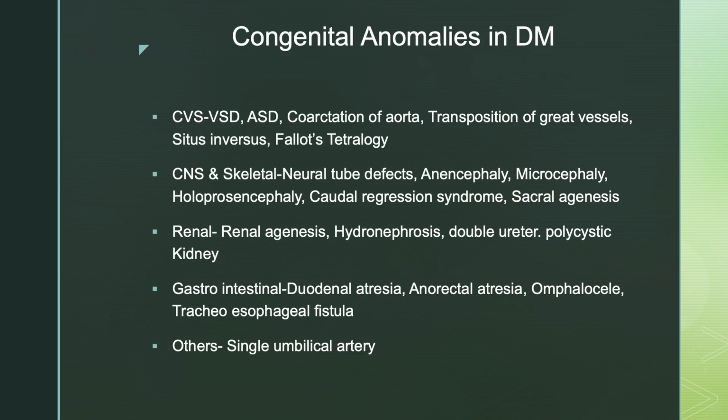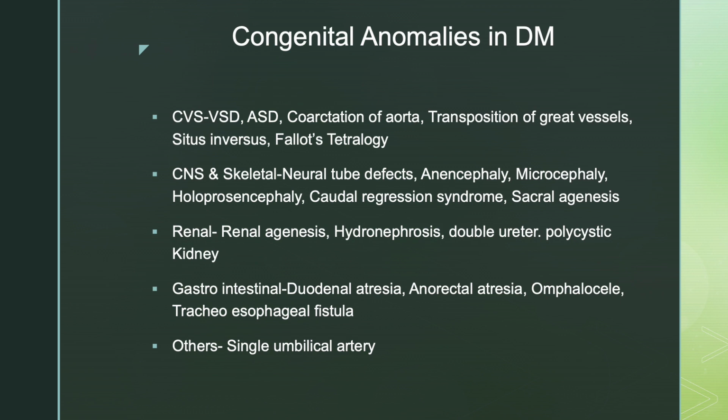Uncontrolled diabetes during the embryogenic period can affect any system of the body, the most common being the cardiovascular system, and the most common anomaly is ventricular septal defect, followed by atrial septal defect, coarctation of aorta, transposition of great vessels, situs inversus, and tetralogy of Fallot.